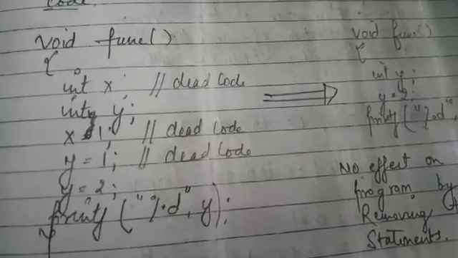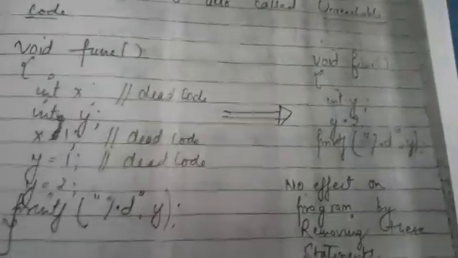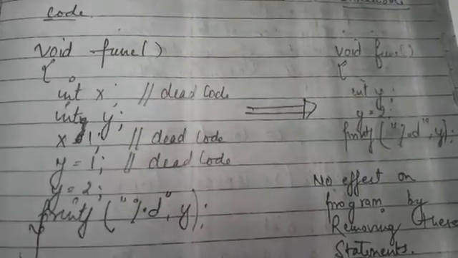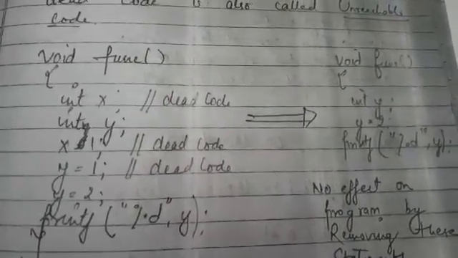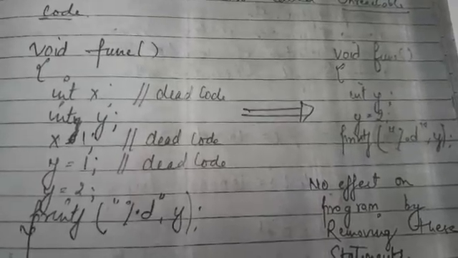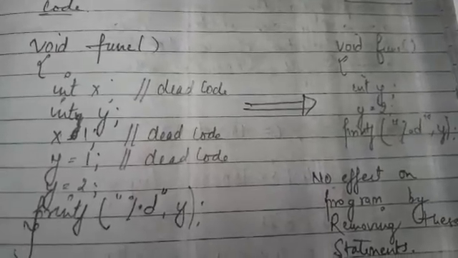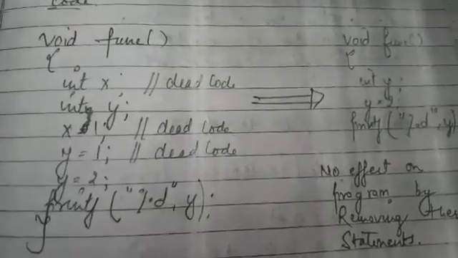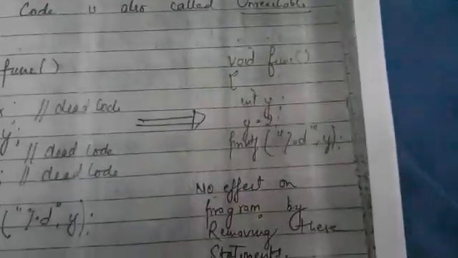These are all dead code because we are using only the y variable, nothing else. So we can ignore the x statements and we can also ignore y is equal to 1 because y is equal to 1 is overwritten by y is equal to 2. Here is the expression, that is the dead code.